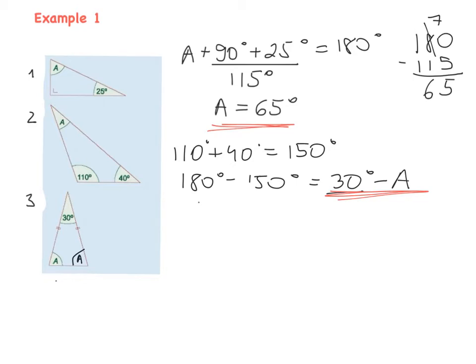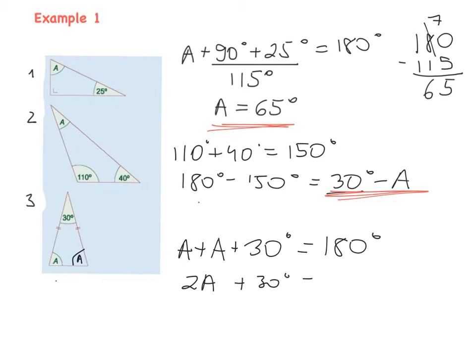We can write down the equation using algebra. So we have A plus A plus 30 degrees, and that's 180 degrees. Okay. If we add up A plus A, we have 2A plus 30 degrees equals 180. Take away 30 degrees, take away 30 degrees. Okay.